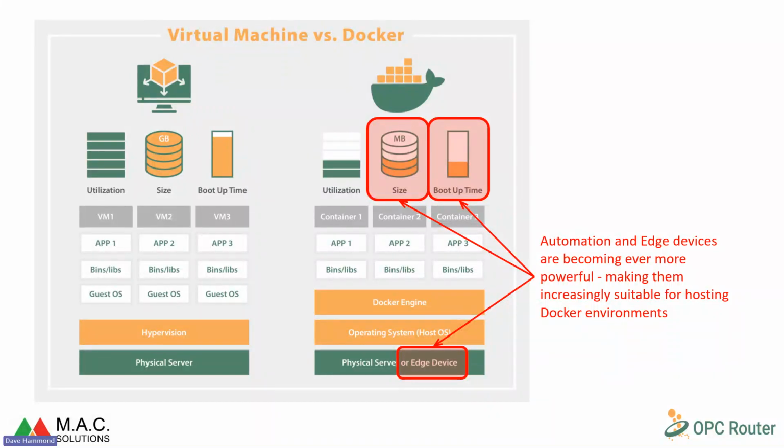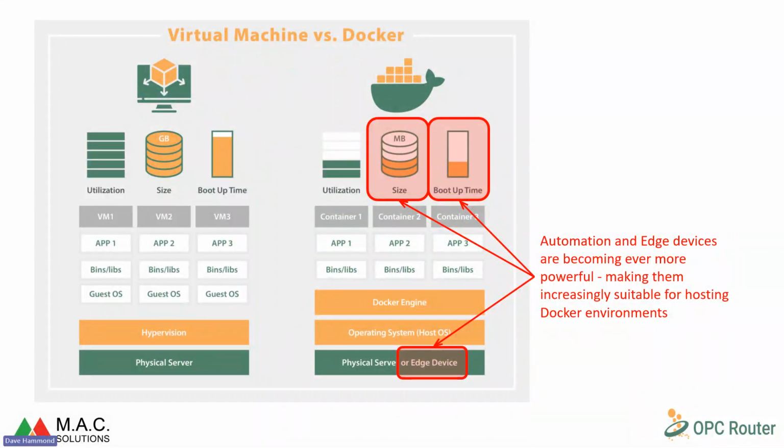You can see you have a lot of resources required because you actually have the entire install of a Windows 2019 server or something, the whole of the operating system to run your application on top of. So it's quite a heavy utilization in terms of resources, in terms of memory, and it also takes a long time to boot. If you compare that with Docker, you have a very small amount of memory required because it's all self-contained. You have a very quick boot-up time.